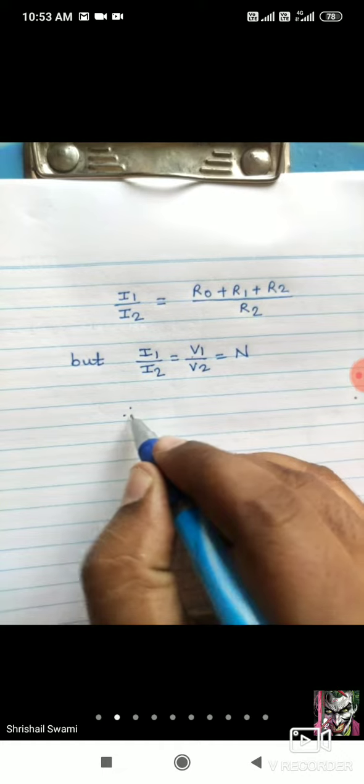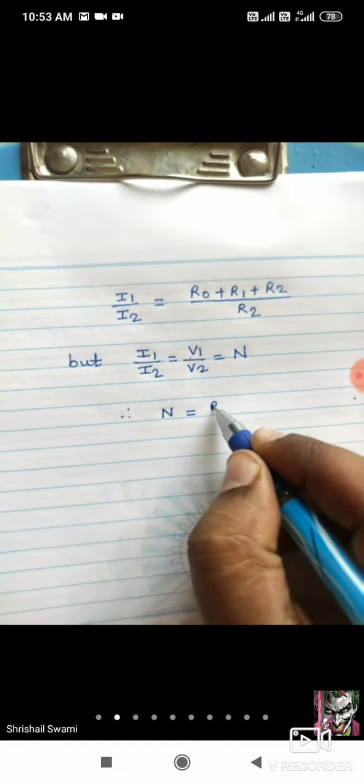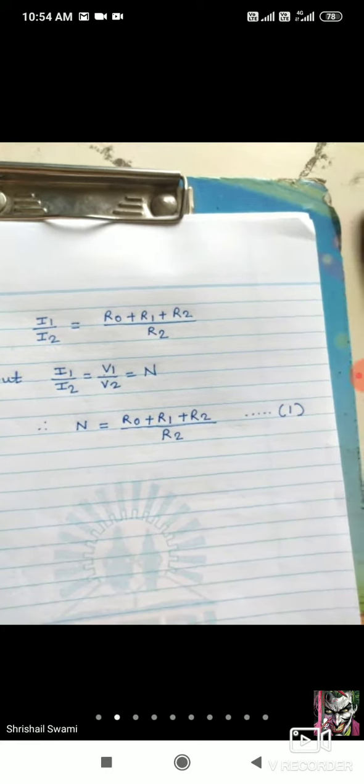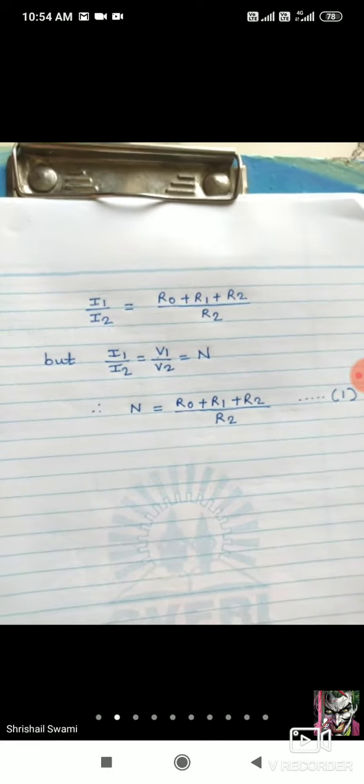So I will replace I1 upon I2 with N. So N is equal to R0 plus R1 plus R2 divided by R2. This I will give the equation number 1. We got this by applying the KVL in the second loop.